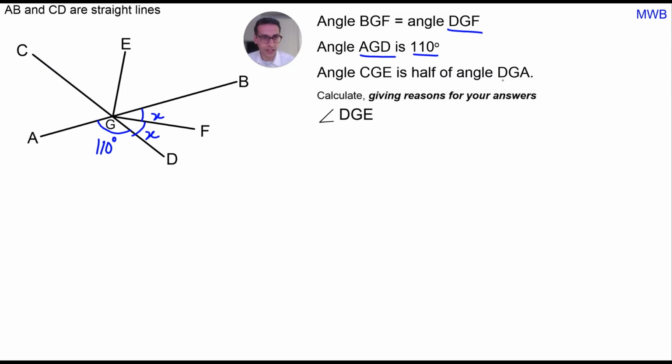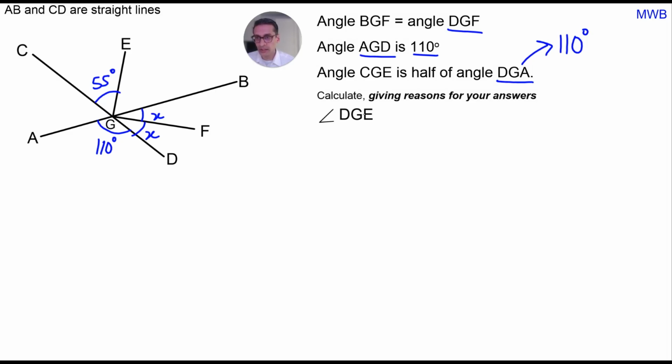Well, we know what DGA is. DGA is 110 because we've worked that out from the previous part. And if we halve that, it's going to give us 55 degrees. So CGE is 55 degrees. We've actually already done quite a lot of maths here. And it's asking us to give reasons and work out angle DGE.